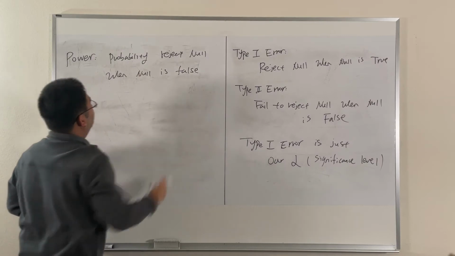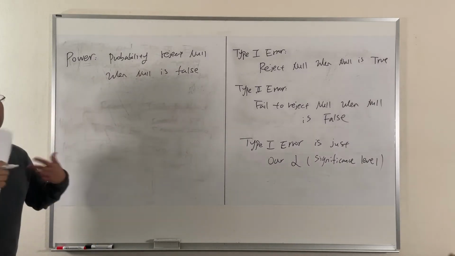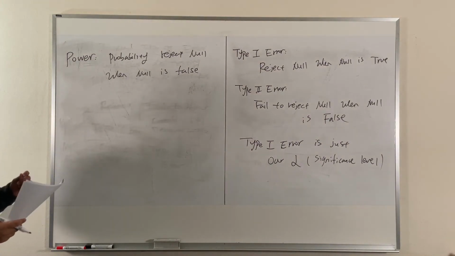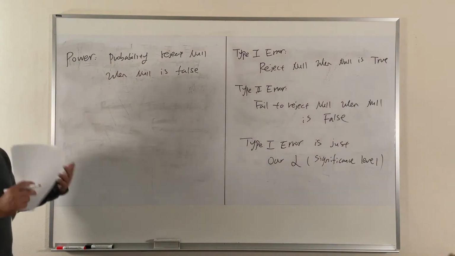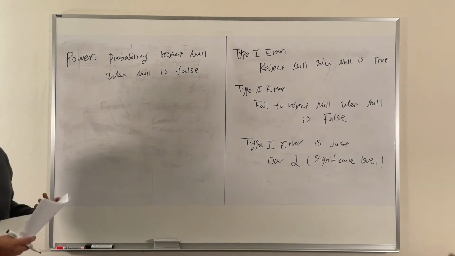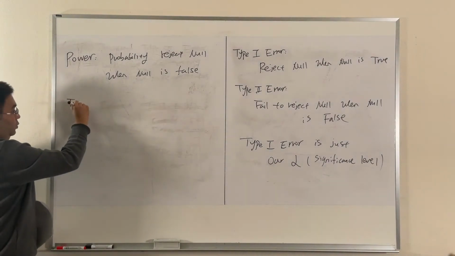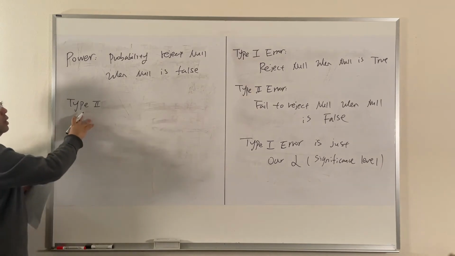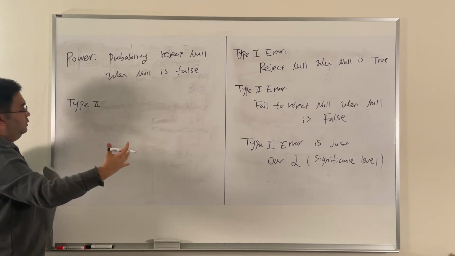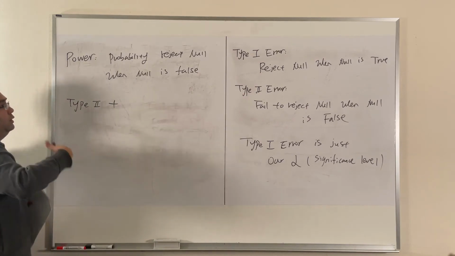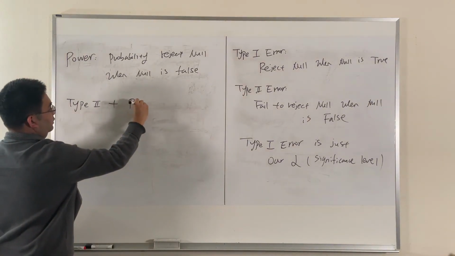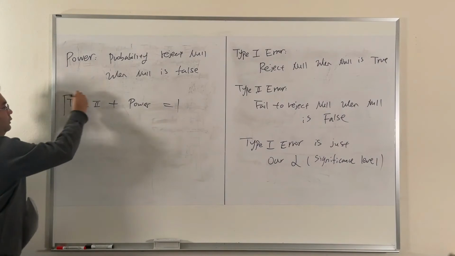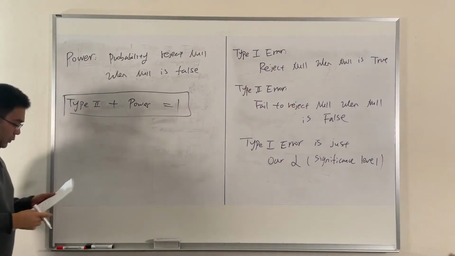So this is a correct decision, right? When the null is false, you reject your null. And what's the probability for that? This one and type 2 error both are conditional on the null being false. So the probability you fail to reject the null when the null is false, plus the probability you reject the null when the null is false, should sum up to 100% or 1. That's how you connect power with type 2.